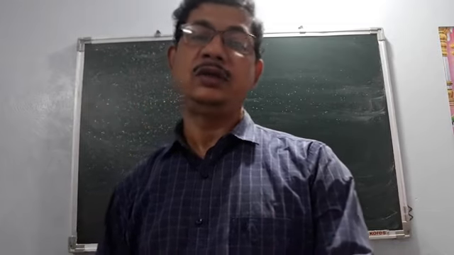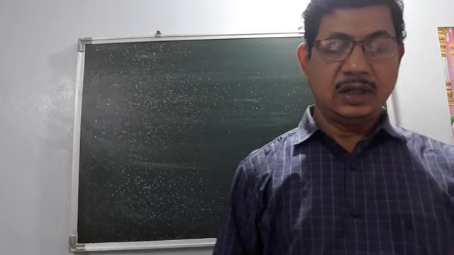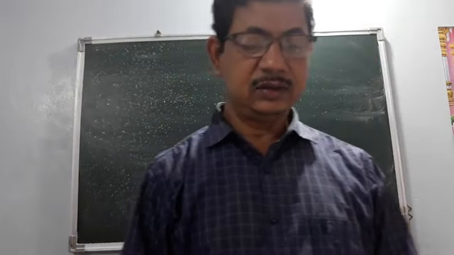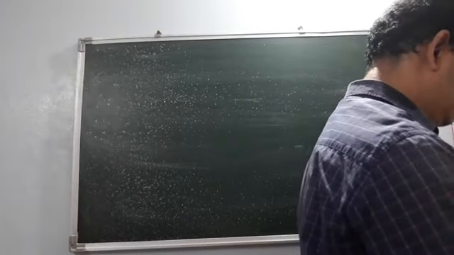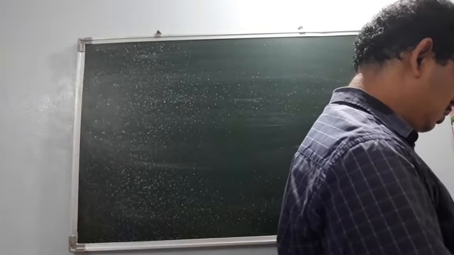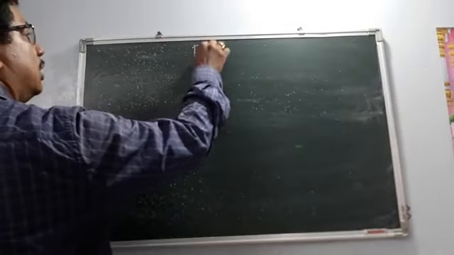If one image is found, then it is a one-one function. If we get more than that, let's draw the figure and I will explain. So we are going to start the function chapter.